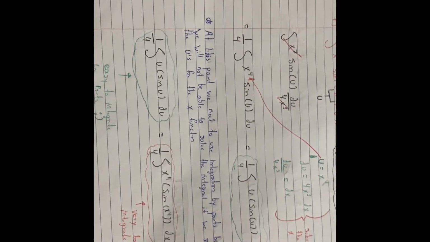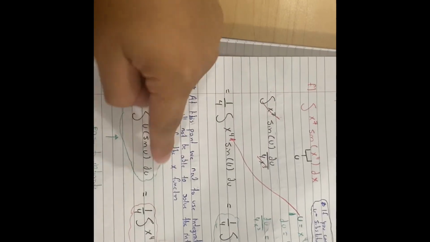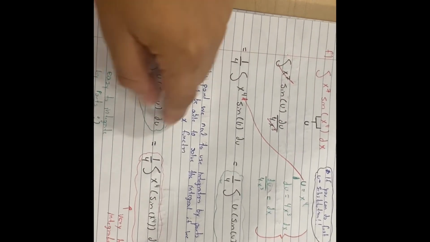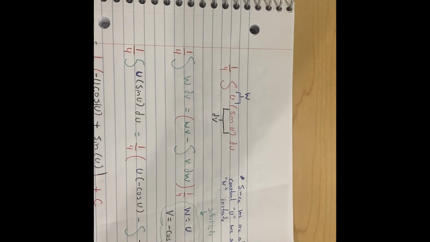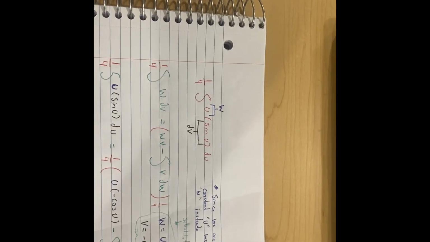So for our purposes, it's more convenient to leave it like this and use integration by parts as it looks here. Since we're already using u, we're going to use, in this case, w. It's the same formula, but we just change the variables so we don't get confused.